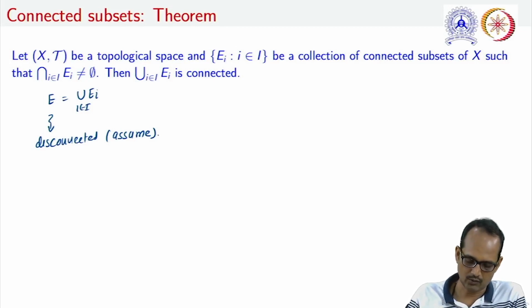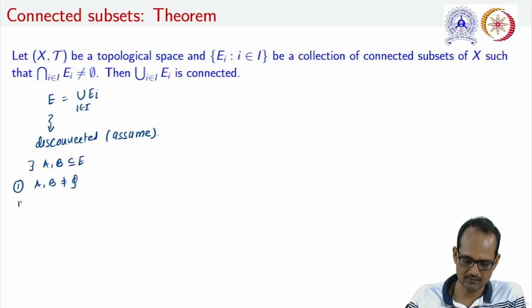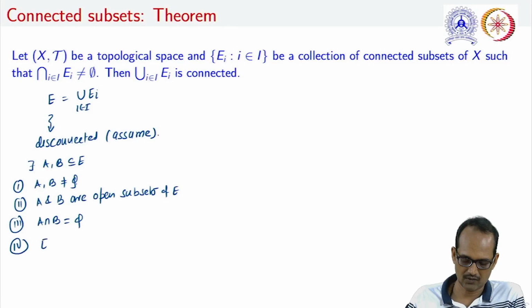We can find out two subsets A and B of E such that these subsets A and B are non-empty, A and B are open subsets of E, that is open with respect to relative topology. They are disjoint and their union is E.